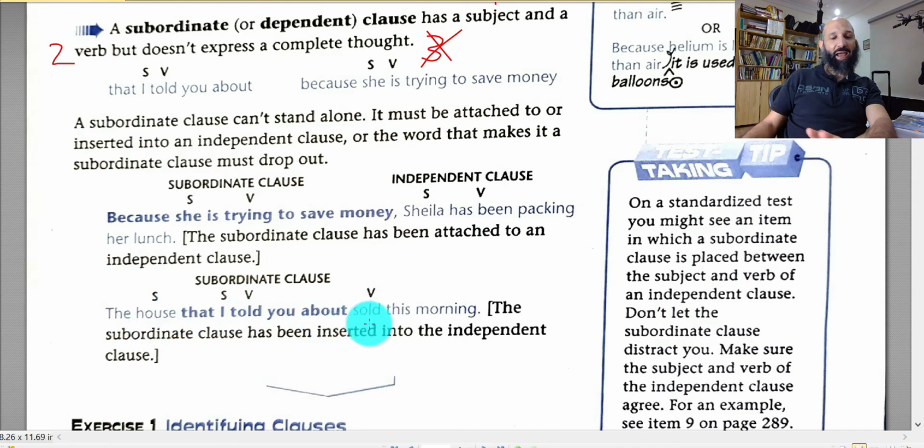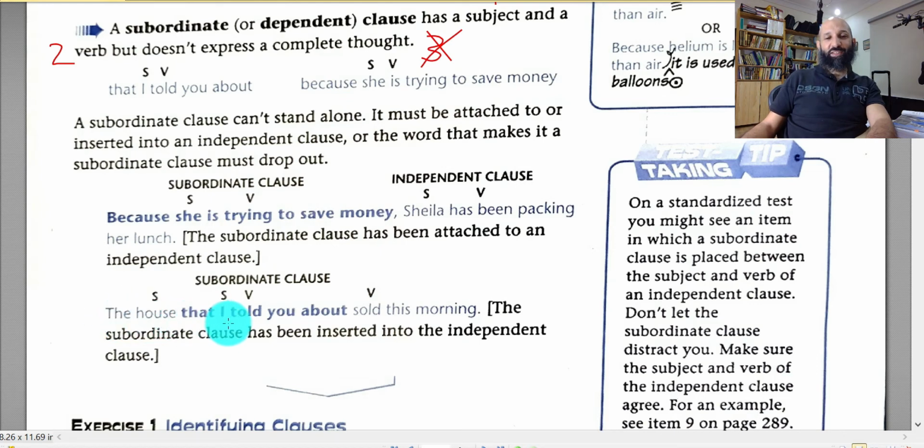So it's an absolutely fine sentence. It's an independent clause. So we took this and inserted it into an independent clause, and then it became meaningful and it became a good citizen in a sentence.